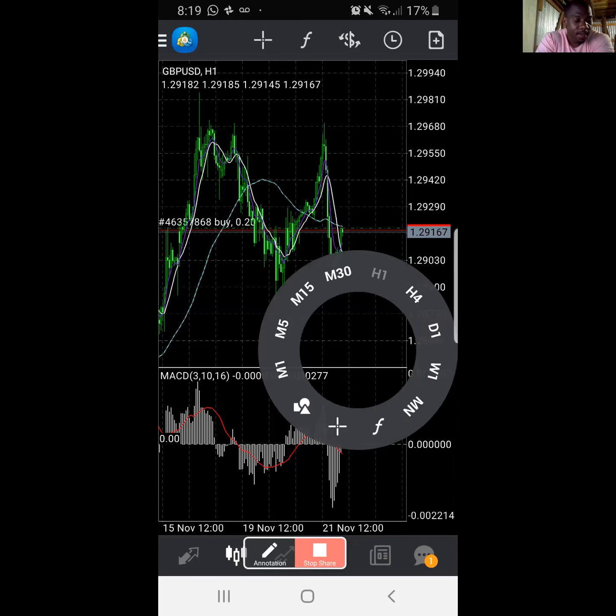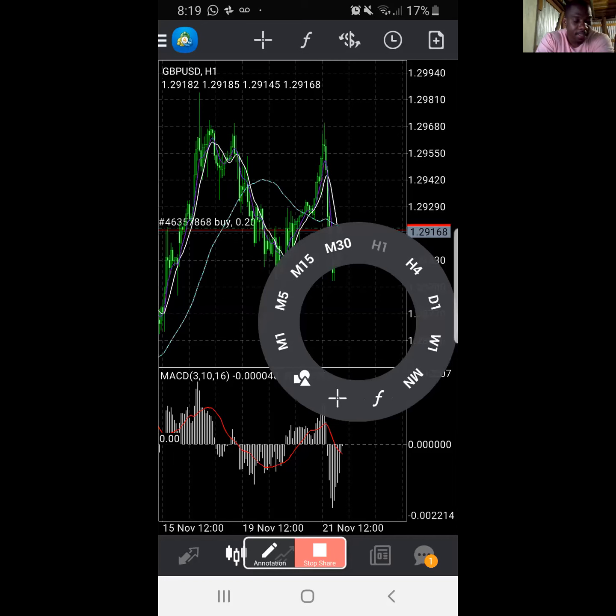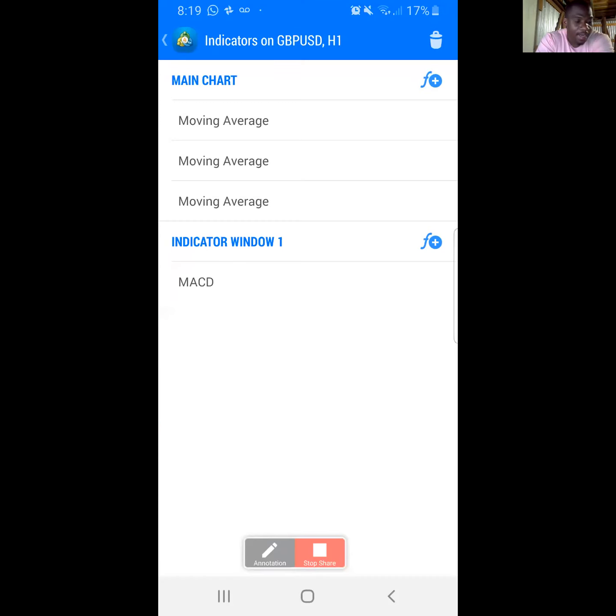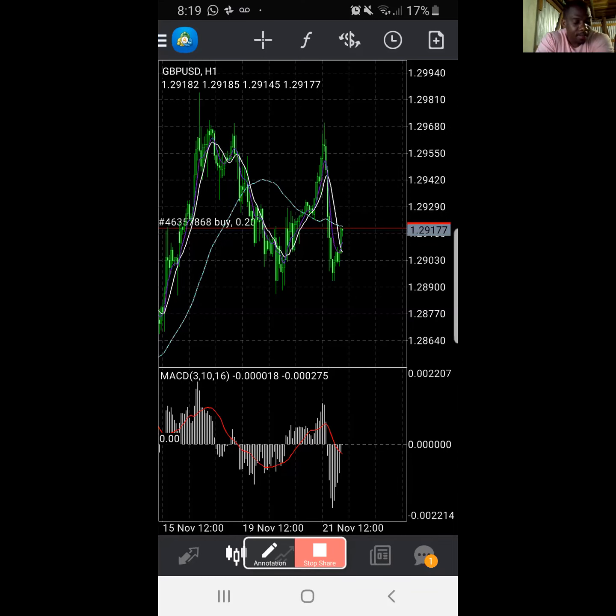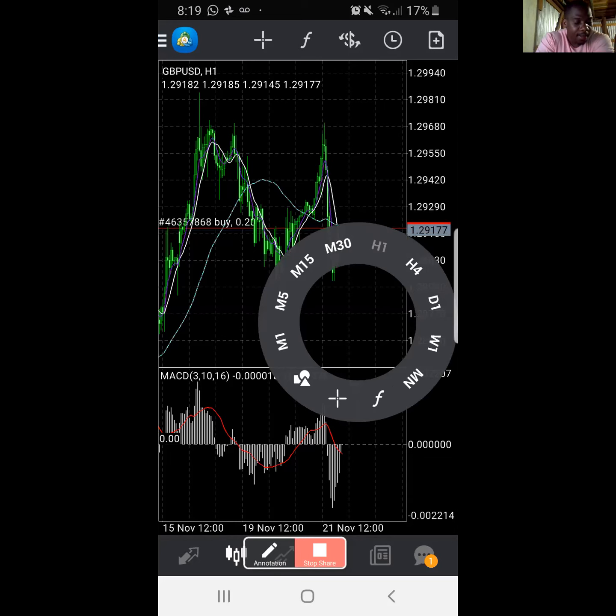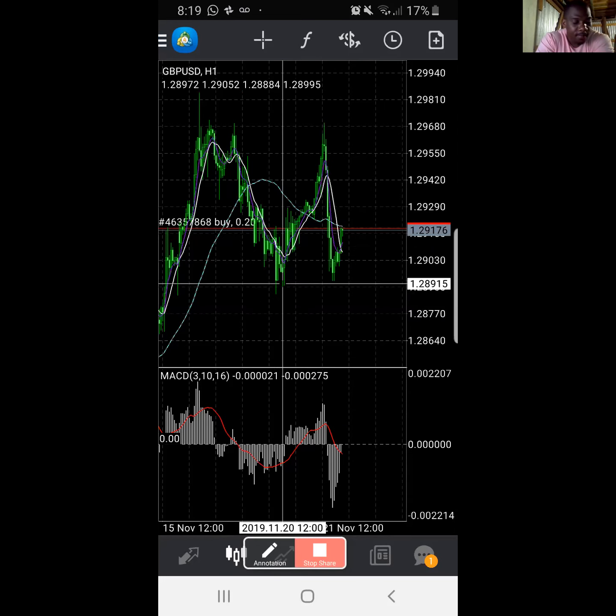All right, so when you click on each screen, you've got your different time frames. The letter F, when you hit that, will take you to your indicators. So I have various moving averages and the MACD on my indicator list for MT4. When you hit again, you've got your crosshair.